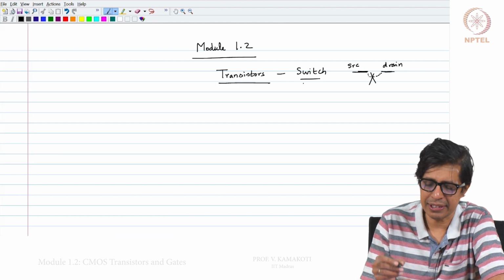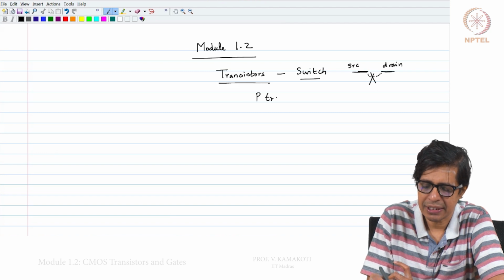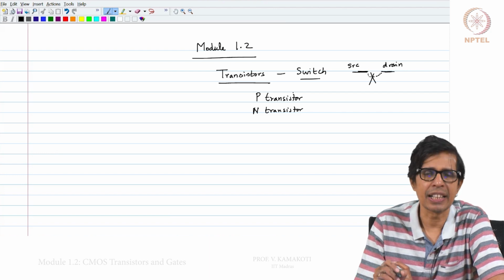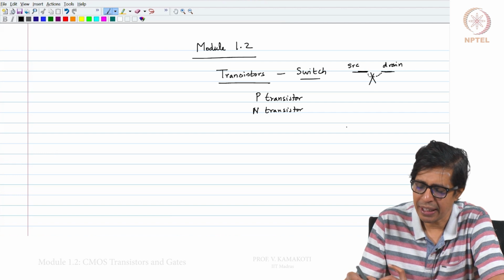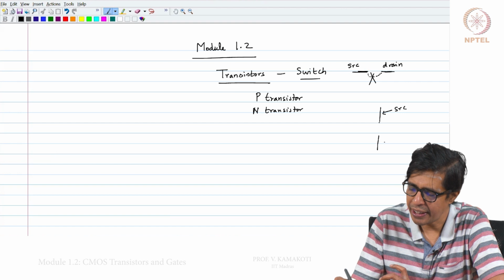There are two types of transistors. One is called a P transistor and another is called an N transistor. As we mentioned, since the transistor is a switch, the P transistor is symbolically represented like this, where there is a source, there is a drain and there is a gate.